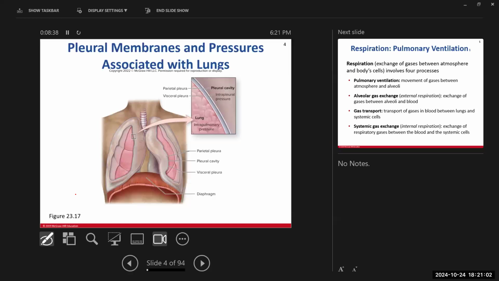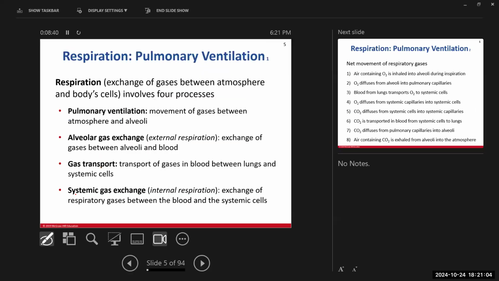Okay. I really like this next slide, and the slide after this, because this slide basically talks about the main 4 parts or sections of respiration. When you see respiration, keep in mind it is going to be an exchange of gases.